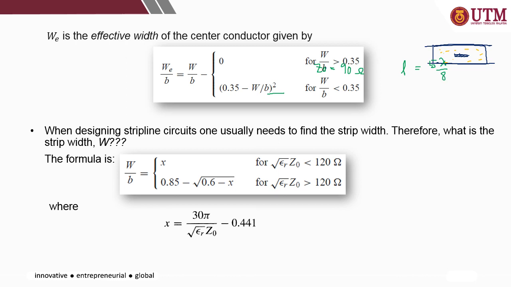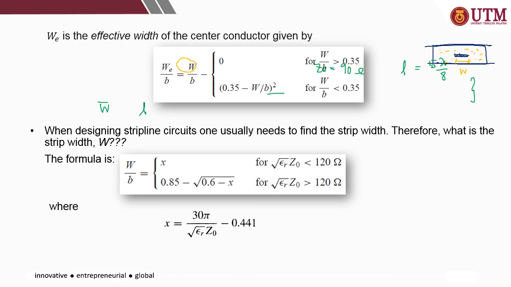Due to the different properties of the materials that the strip line is exposed to, we need the effective width. The width here is W, so WE is the effective width due to the surrounding environment of the strip line.